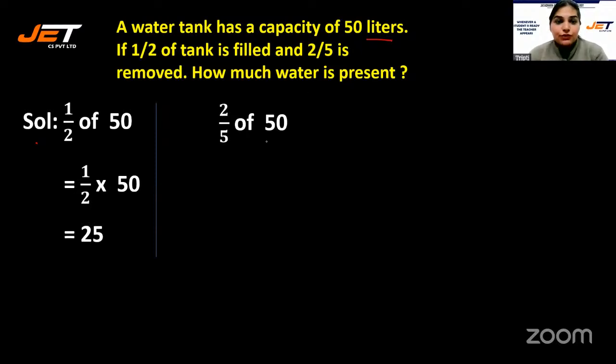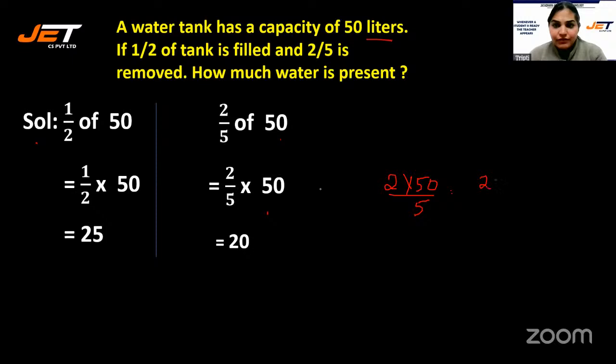So two times 50 by 5. I can write 50 as 5 times 10. 5 cancels. 2 times 10 is 20. That's how we got 20. So 2 times 50 by 5 is equal to 20.